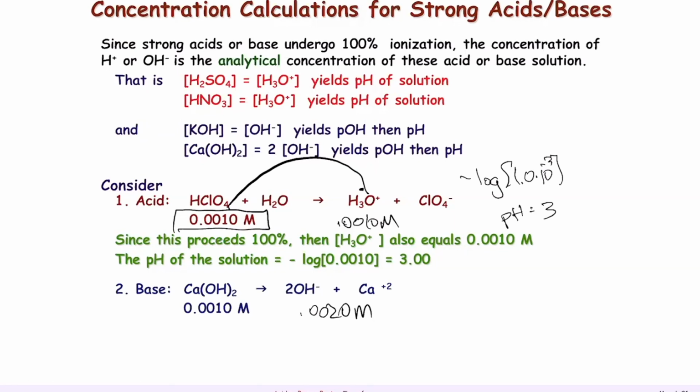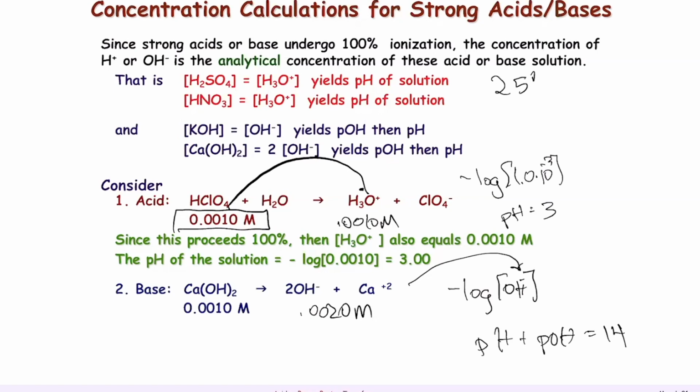The pOH is the negative log of the hydroxide ion concentration. Plug that in there. And then remember that we're assuming 25 degrees, pure water, so pH plus pOH equals 14. You can do this off the top of your head. You don't need to do any equilibrium analysis.